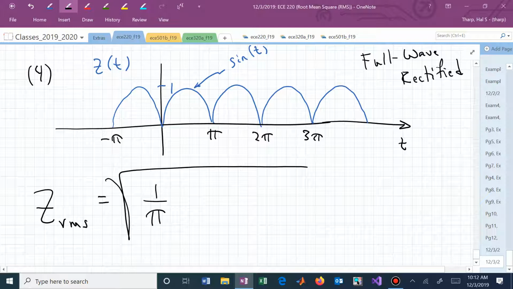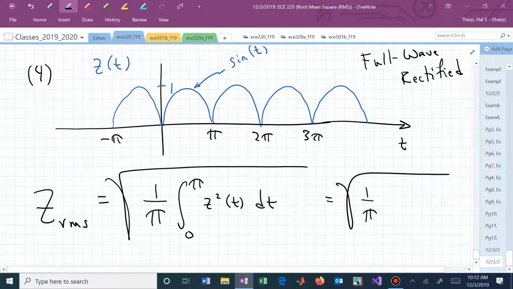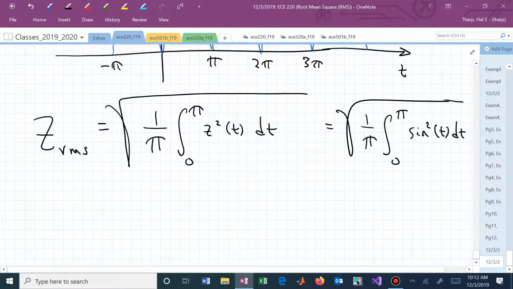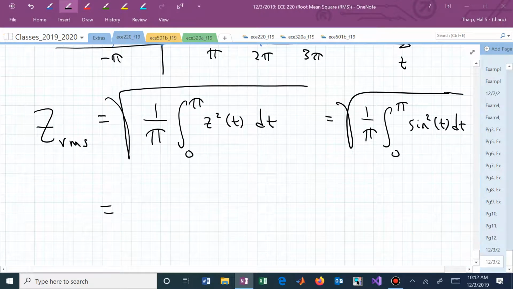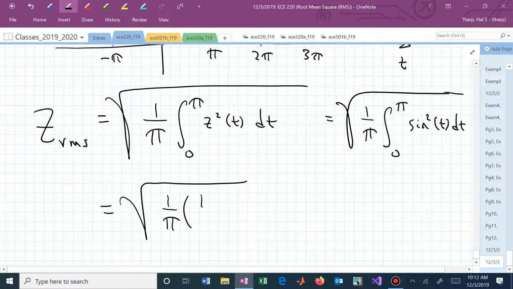We now have this integral from 0 to pi of little z squared dt, and we've already seen what that integral of sine squared yields. This is now the square root of 1 over pi. That was now pi over 2.